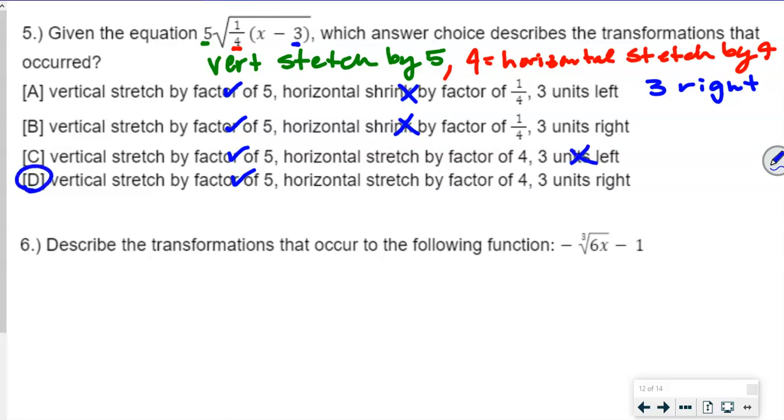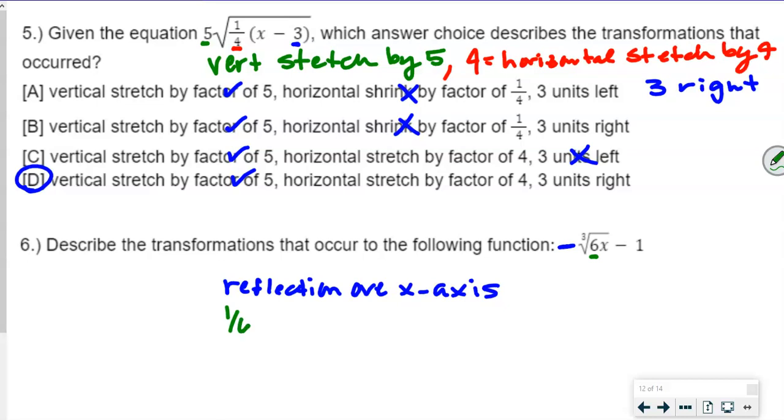Then this next one says describe the transformations that occur. So what does this negative out front mean, guys? What does that right there mean? Isn't that a reflection over the x-axis because it's outside the radical, right? What do we do with stuff underneath the radical? Yes, we change it, right? So this is going to be 1/6, right?